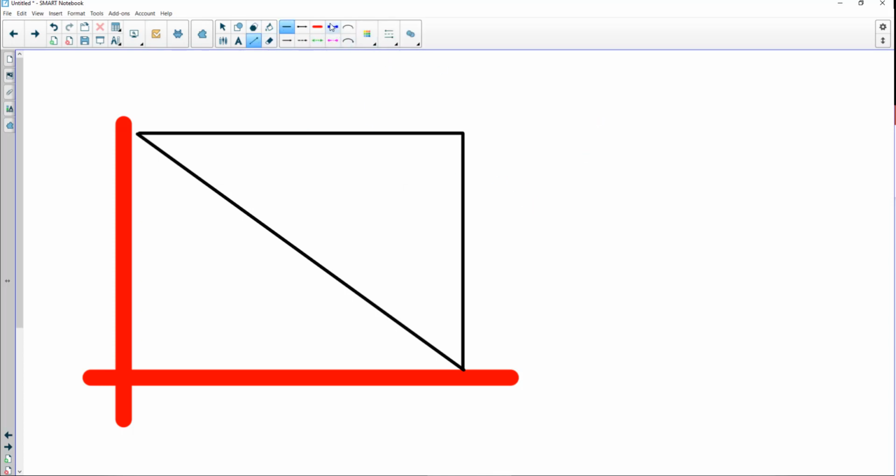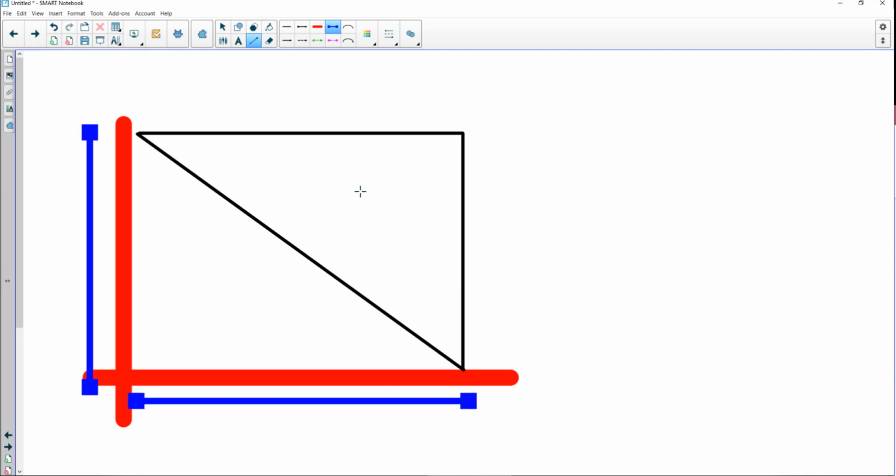And what I want to tell you is that I'm going to give you the distances from here to here, and from here to here. The distance over here is, we'll say, 9, and the distance here is 12. And we'll also say that the right angle of the triangle is here.